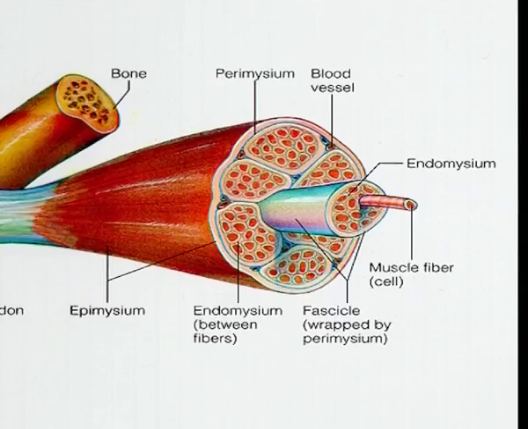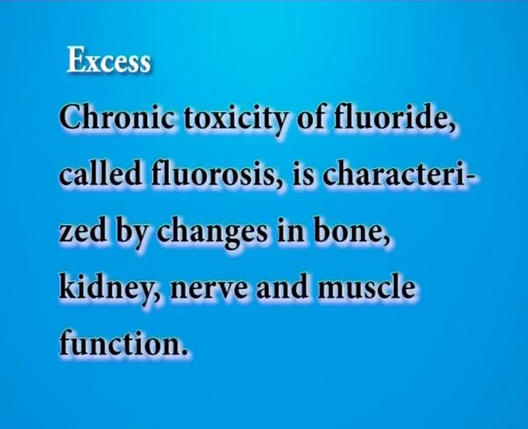In humans, an optimal level of fluoride helps to reduce the incidence of dental caries and perhaps also to maintain the integrity of skeletal tissues. Excess: chronic toxicity of fluoride, called fluorosis, is characterized by changes in bone, kidney, nerve and muscle function.